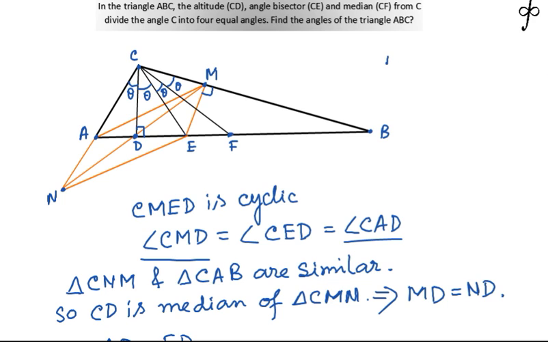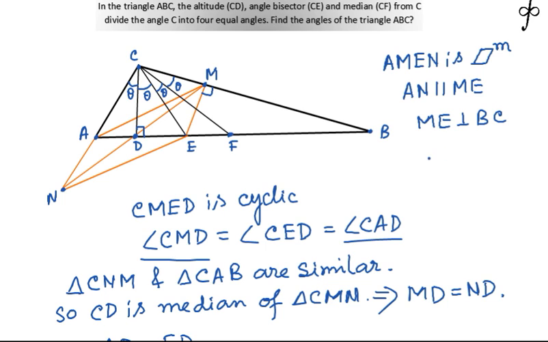So ANEM is a parallelogram, and since it is a parallelogram, we can safely claim that AN is parallel to ME. Now ME is perpendicular to BC according to our construction, and AN is parallel to ME.